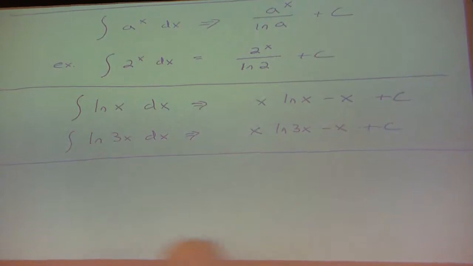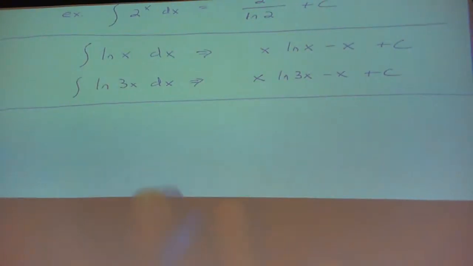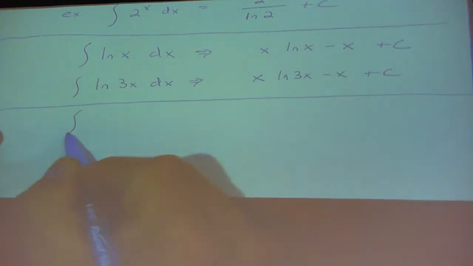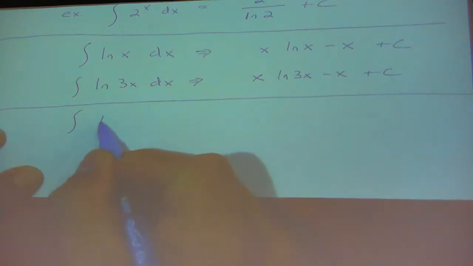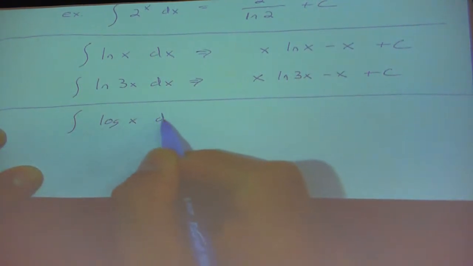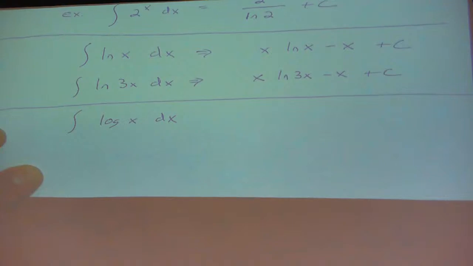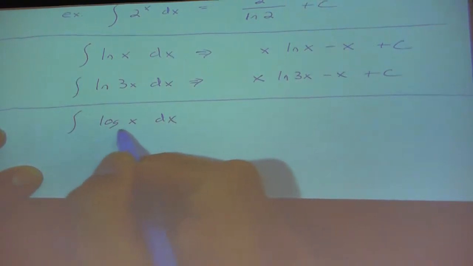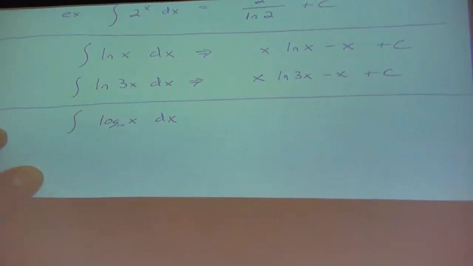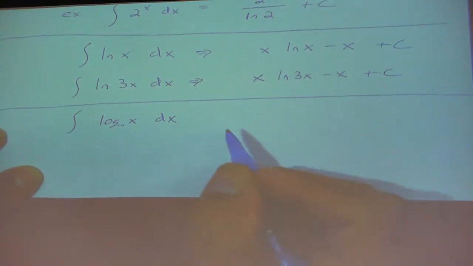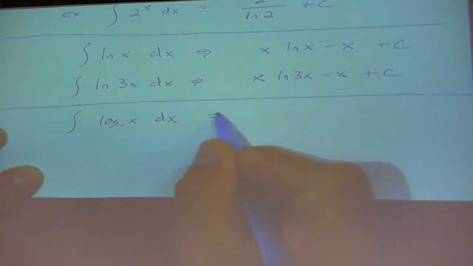And the last special case is what if I had the integral of log x dx. Now remember, if I just say log of x, what's assumed the base is? 10. So how do you take the integral of log base 10 of x?